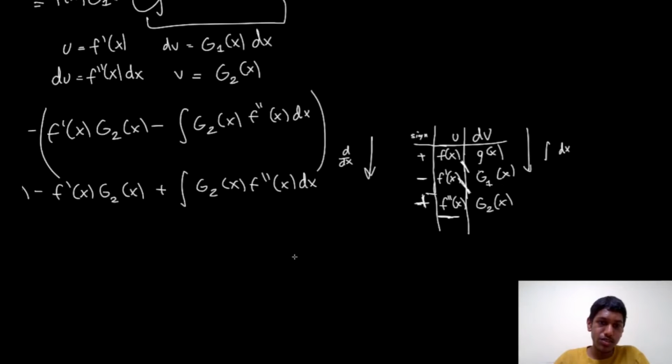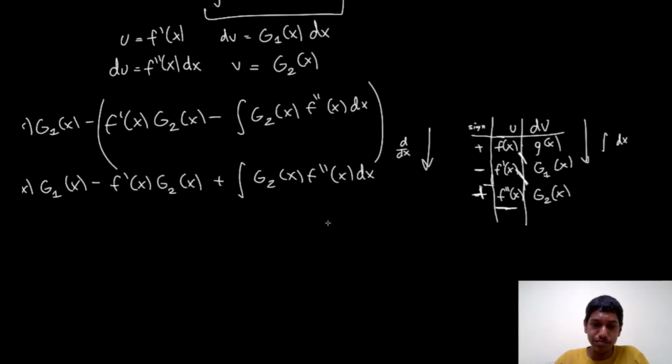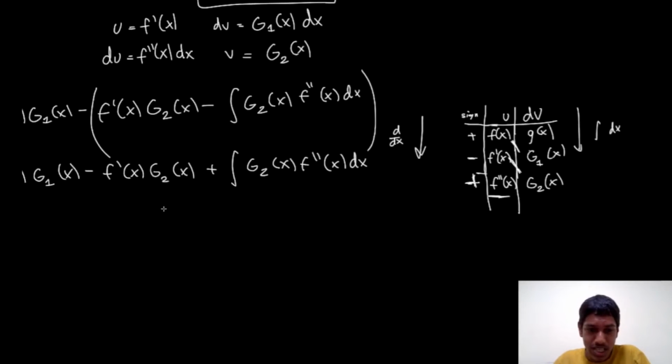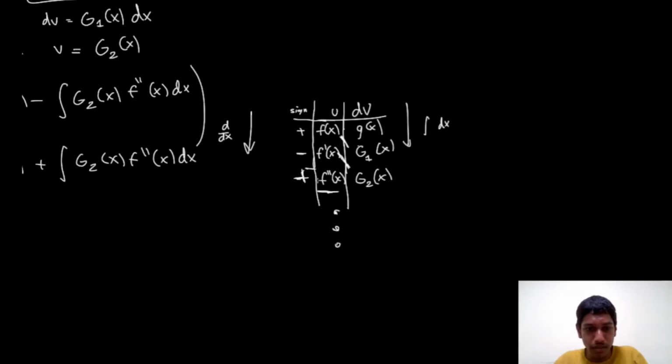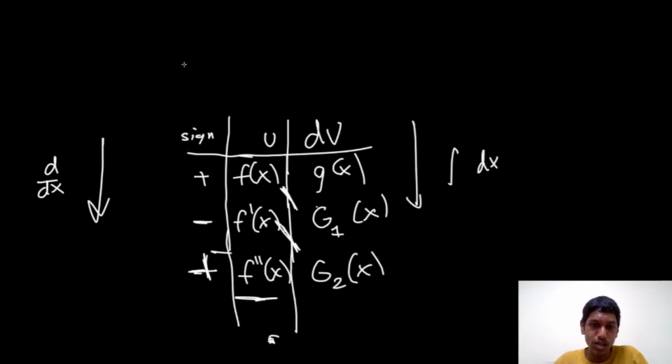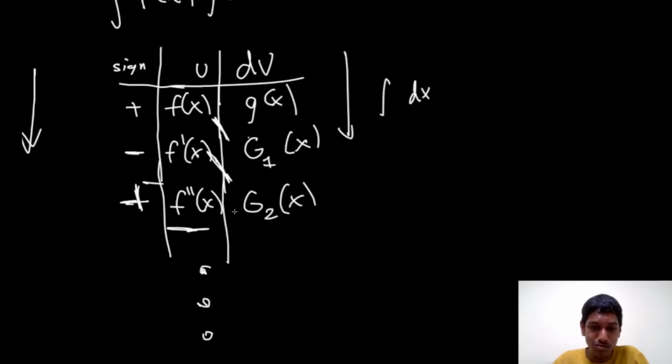So let me clear these annotations. And at this point, hopefully you can see that however long we continue this pattern, however long we want to keep writing the table, we're still going to get equivalent expressions to the original, as long as we follow these rules, right?